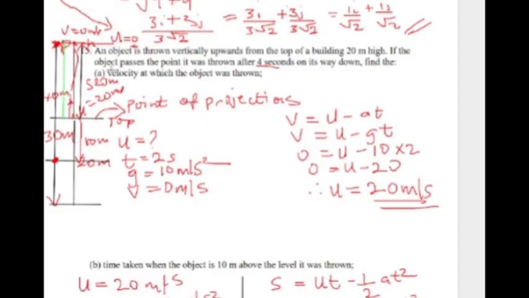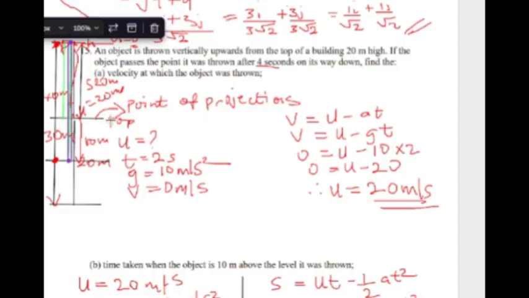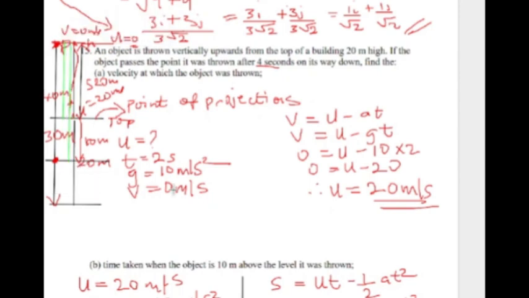Then when we got to the maximum height, it took 2.45 seconds to come down to this point 10 meters below this point of projection. So the object spent 2 seconds going to the maximum height, and from the maximum height to a point 10 meters below the 20-meter height of projection, that was 2.45 seconds, just like we calculated now.